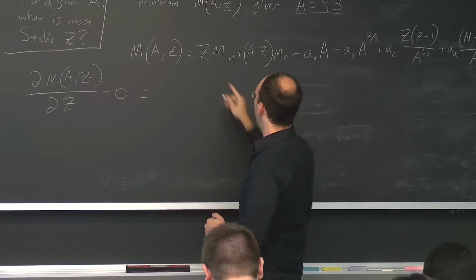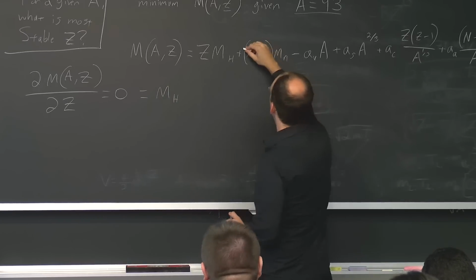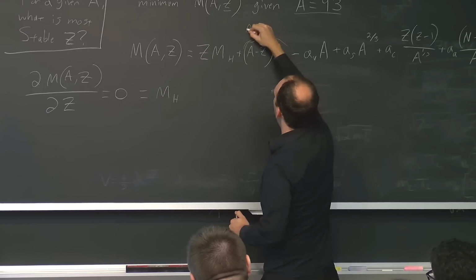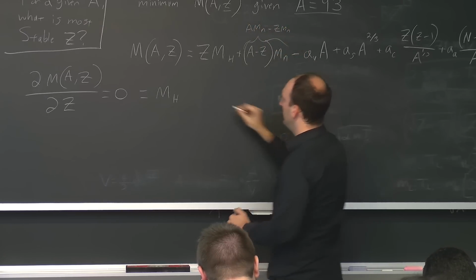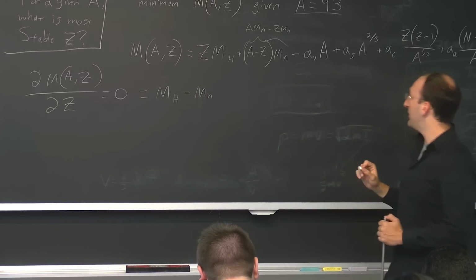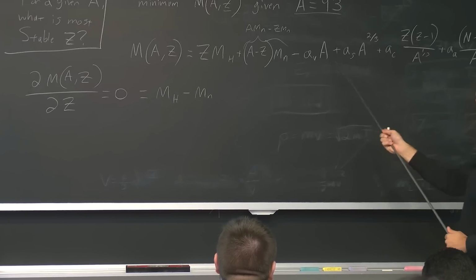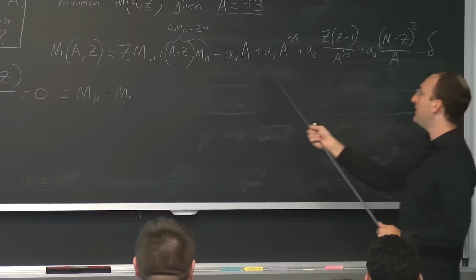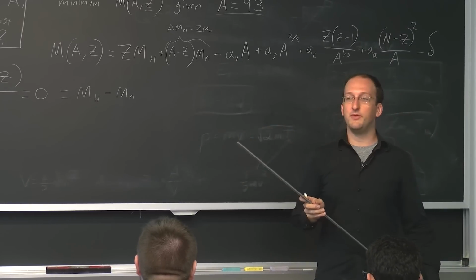So let's see. This gives us M_H, and this term expanded out is A M_n minus Z M_n. So we have A minus M_n. I'm going to make one quick correction right here. I want to make sure everything's in the same units. All of these semi-empirical mass terms are in MeV. These right here are in AMU, atomic mass units.